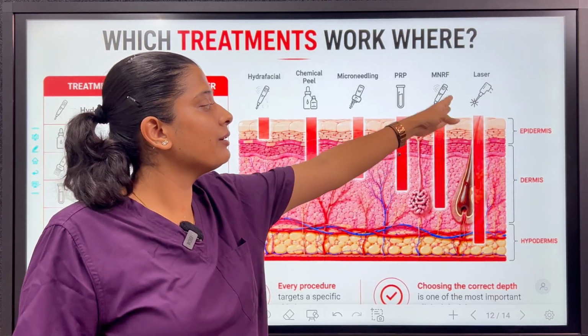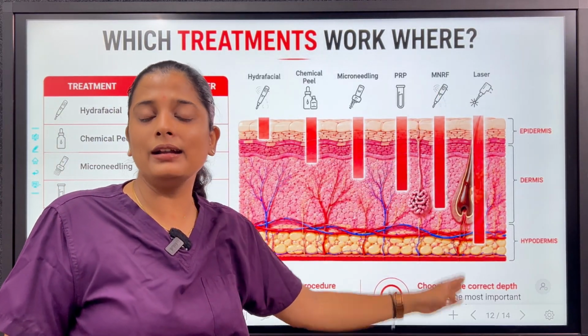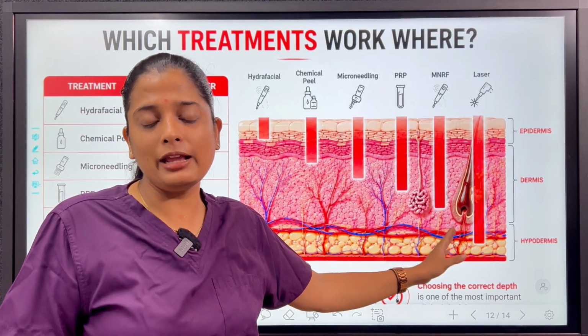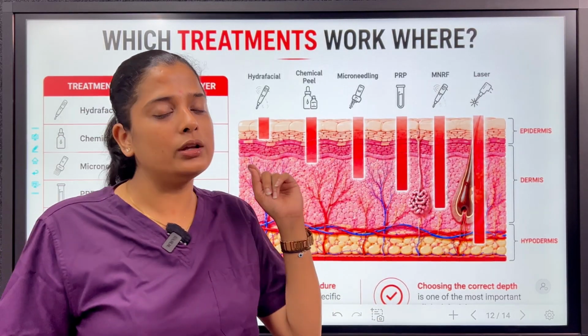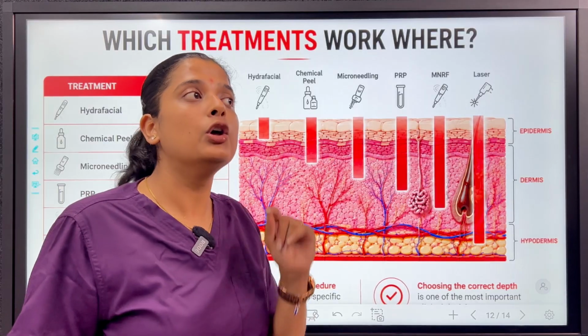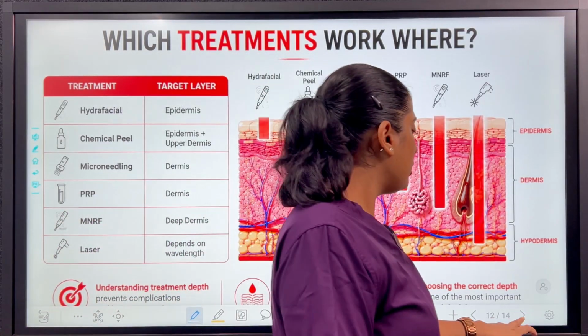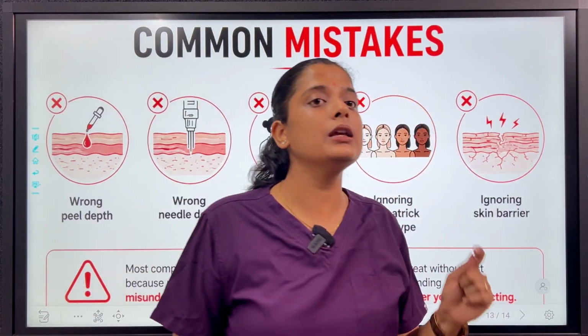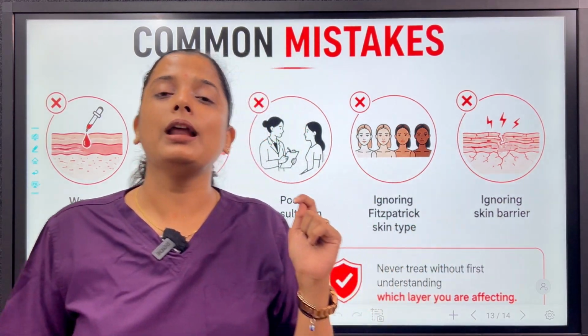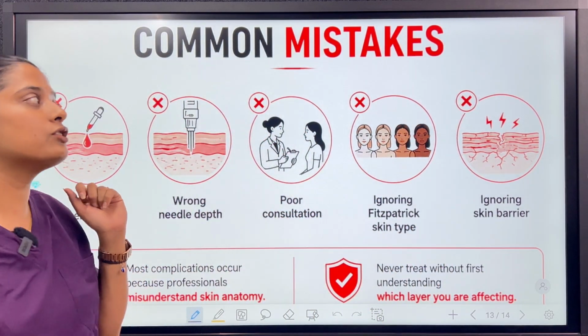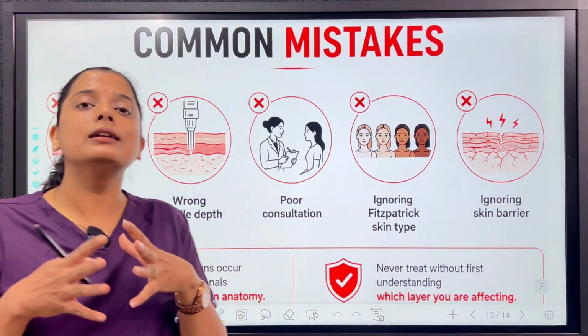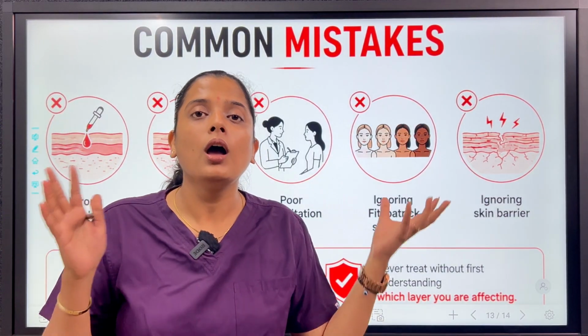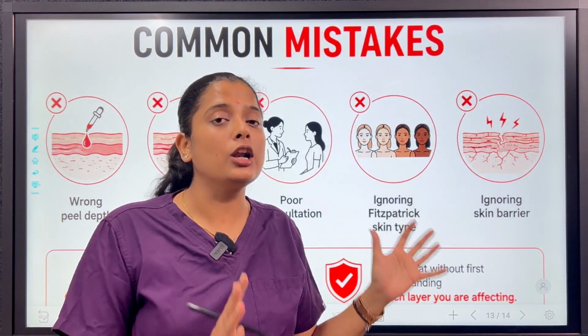Then we have MNRF and the laser, which can actually hit as deep as possible depending on its frequency and intensity. So, my dear friends, it becomes the responsibility of an aesthetician and a person related to this industry that they need to be thorough with this kind of basic knowledge.